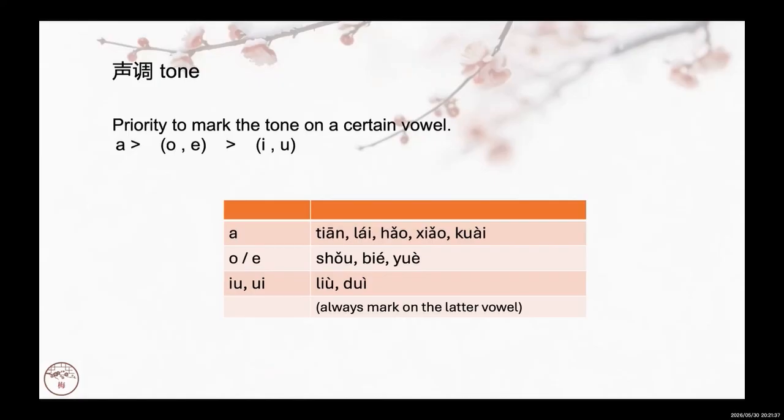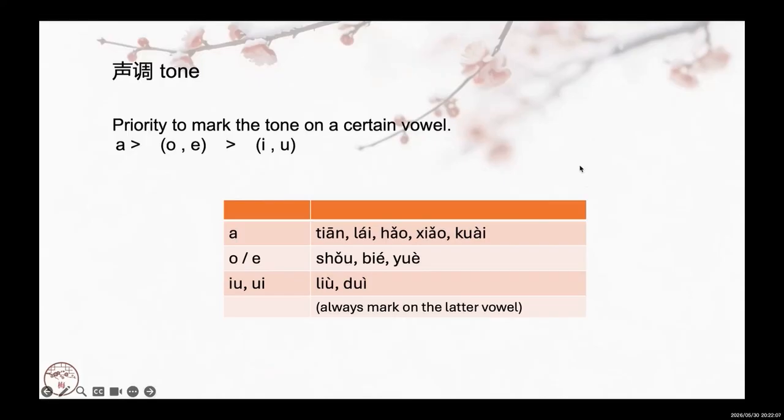There is a very simple rule, or three rules. It's a rule about priority. First, keep in mind, we only mark tone on vowels. We never mark tone on consonants.